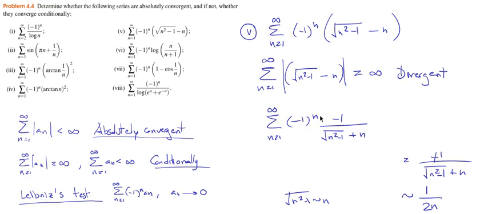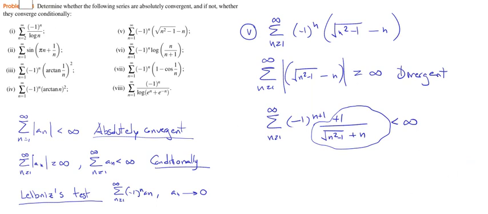We can write this with a plus, and then we have a term that is monotonically decreasing and goes to 0. So according to the Leibniz test, this series is convergent. So it is conditionally convergent.